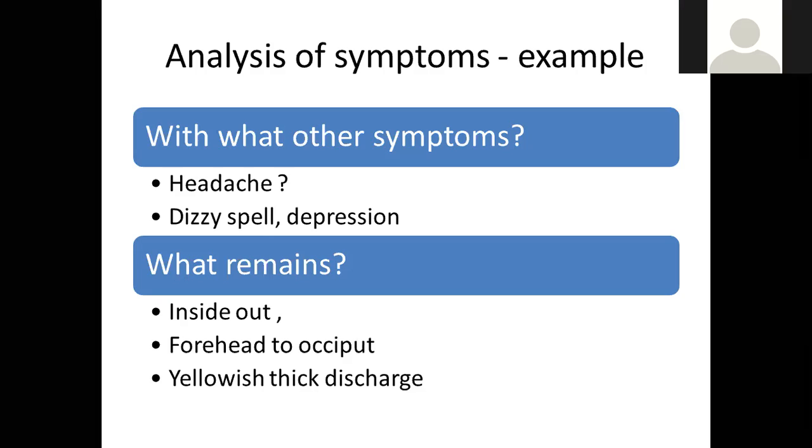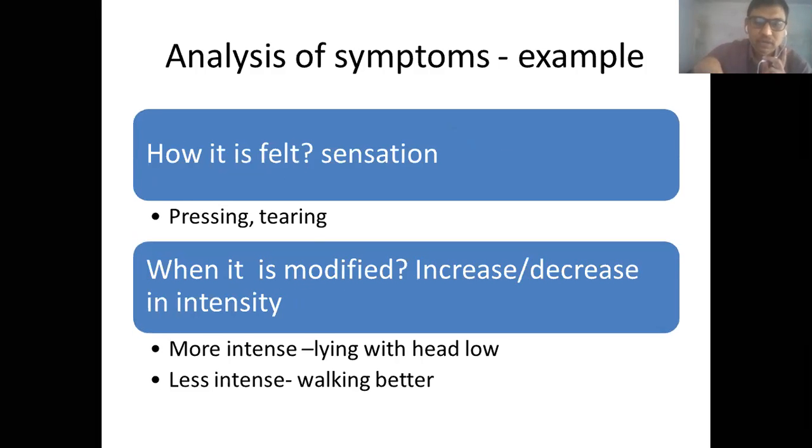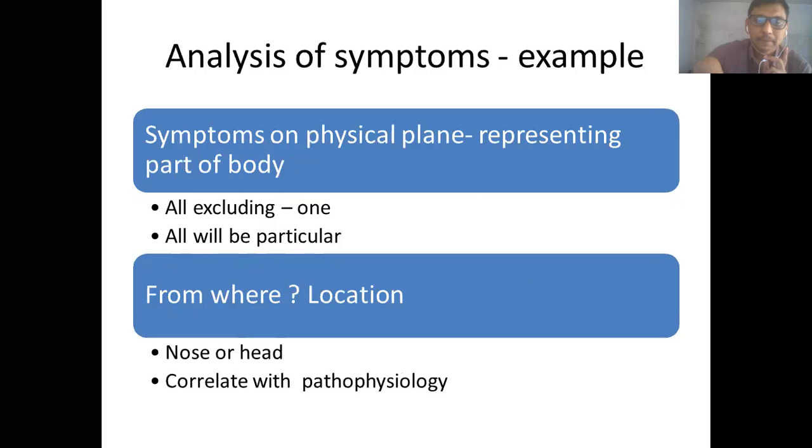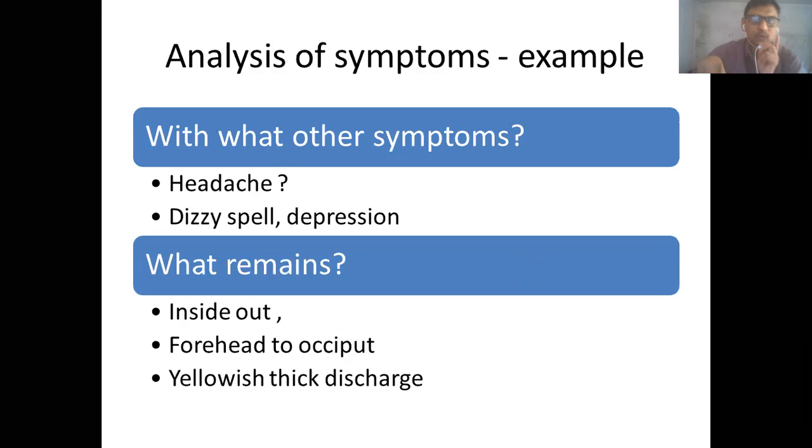Then still there are a few symptoms remaining that we have not categorized under location, sensation, modality, or accompaniment symptom. So far, under location, nose and paranasal sinuses; sensation, pressing, tearing; then two modalities; and the other symptoms are dizzy spell and depression.